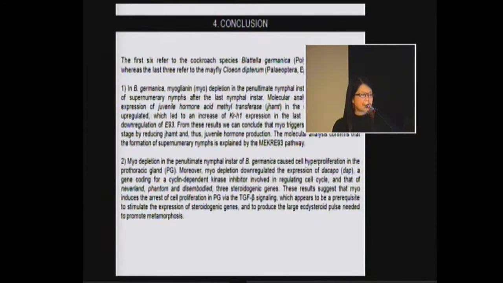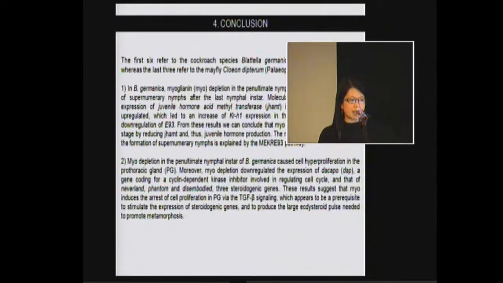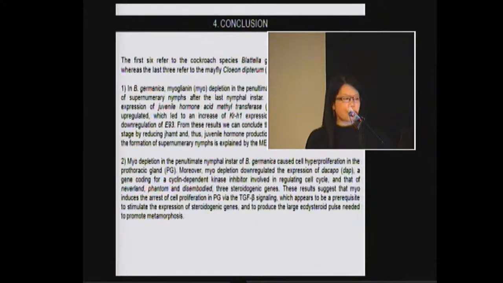Second, myoclonine depletion in the penultimate nymphal instar of Blattella germanica caused cell hyperproliferation in the prothoracic gland, PG. Moreover, myoclonine depletion downregulates the expression of Dacapo, DAP, a gene coding for a cyclin-dependent kinase inhibitor involved in regulating the cell cycle, and that of Neverland, Phantom and Disembodied, three steroidogenic genes.